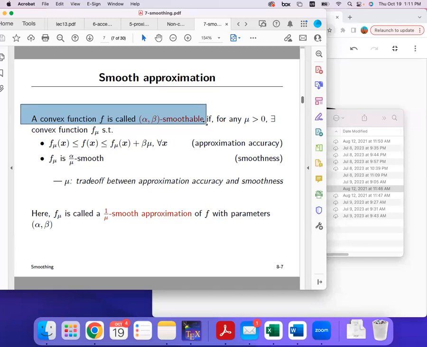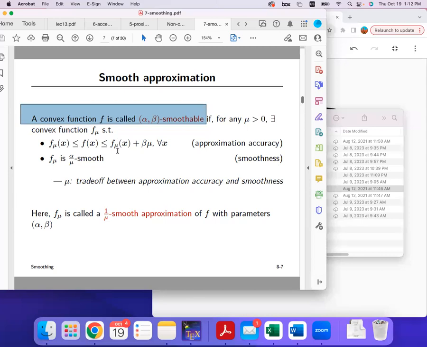That sounds like this function can be smoothed according to these two parameters, alpha and beta, in a certain way. How do we specify this? We call this function alpha-beta smoothable if for any mu bigger than 0, we can construct a convex function f sub mu such that f is close to f sub mu in the following sense.